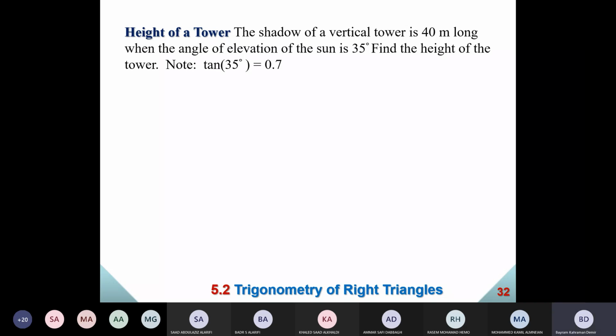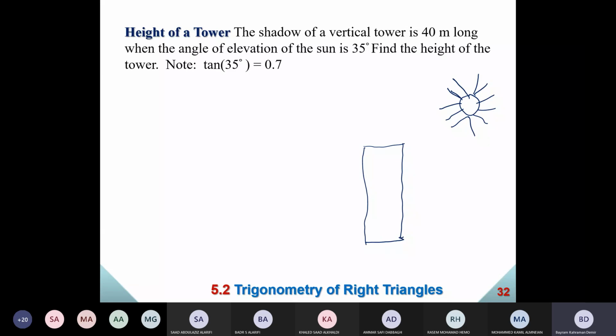The shadow of a vertical tower is 40 meter long when the angle of elevation of the sun is 35 degree. Looks like we have the sun here. So suppose we have a tower here, a building, right? Here is the building, Shabab.